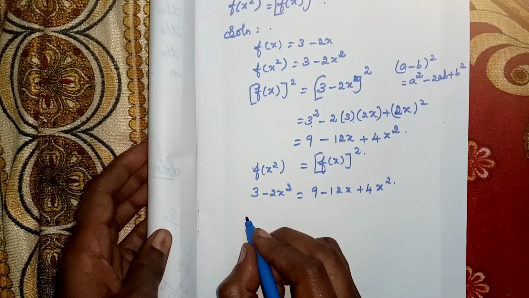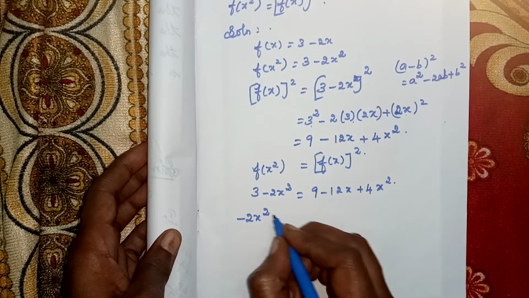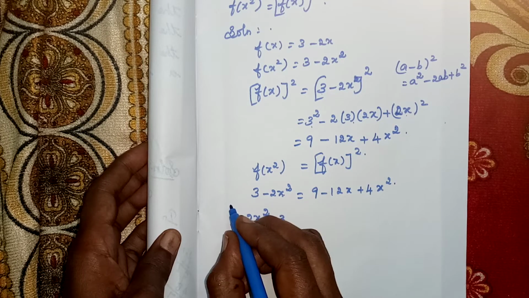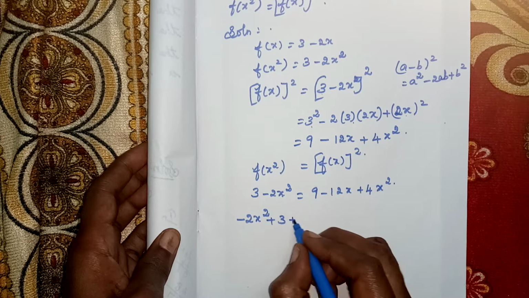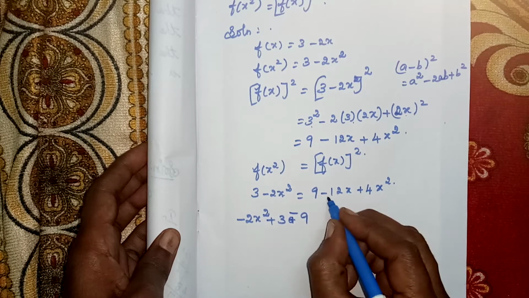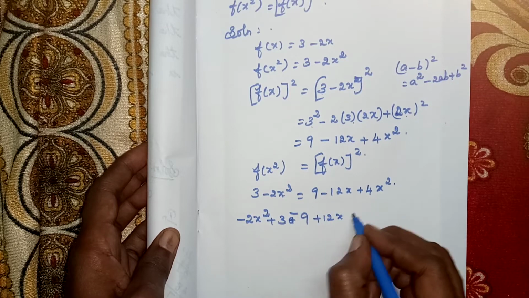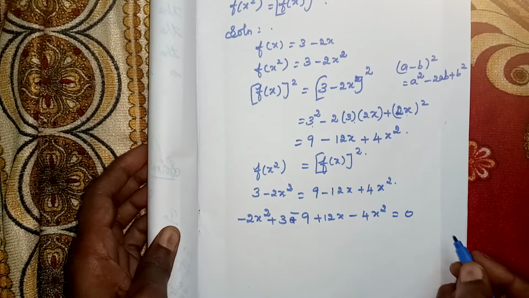First x square: minus 2x square plus 3. Next, this 9 goes to this side, so minus 9. This 12x goes to this side, plus 12x. Next, minus 4x square is equal to 0.